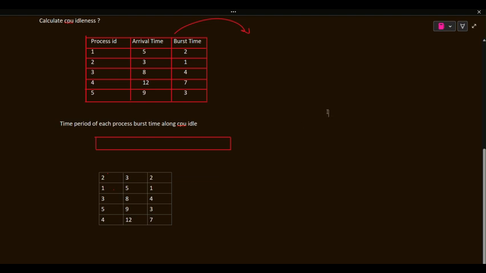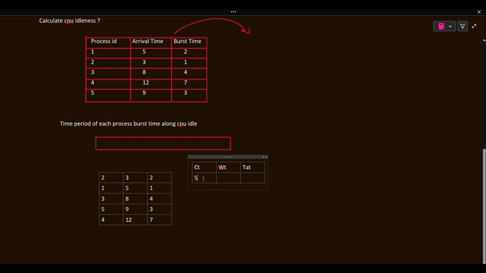Now, once we have sorted the processes, we also have the completion time, waiting time, and turnaround time. As I told you, the completion time of the first process is just the sum of the arrival time and its burst time.